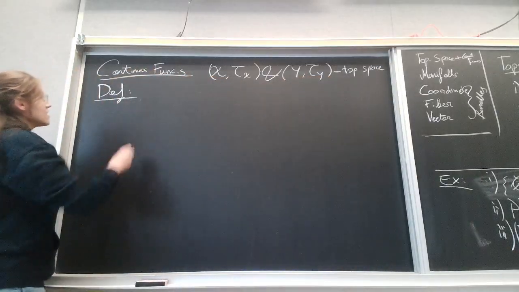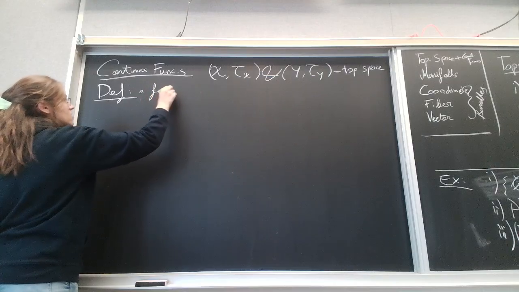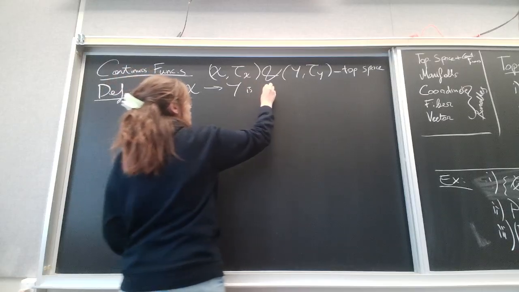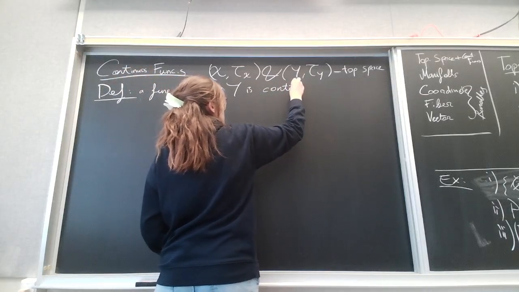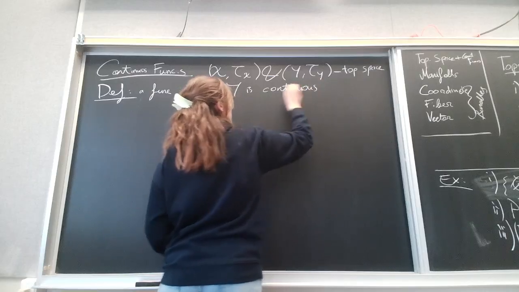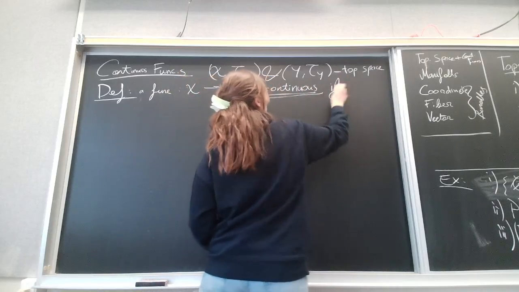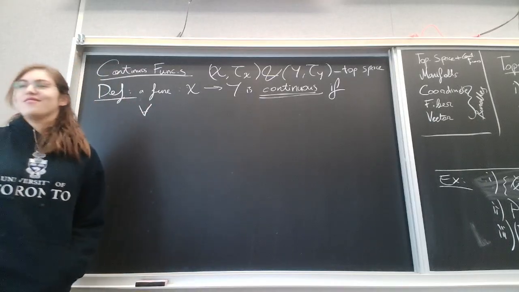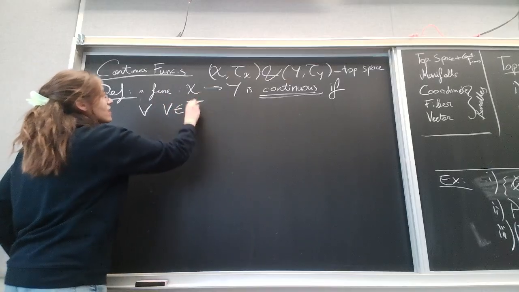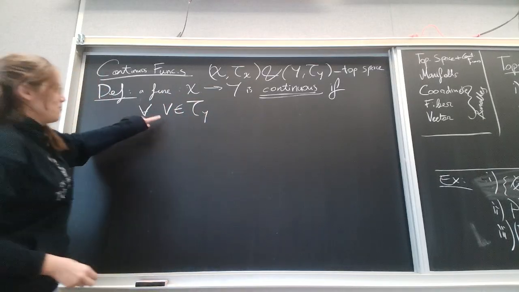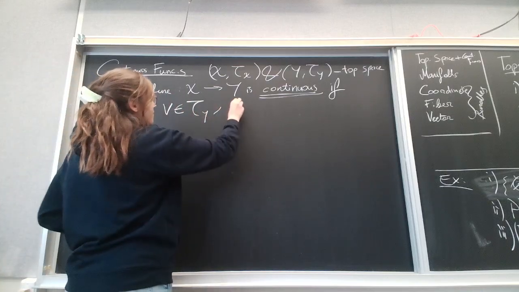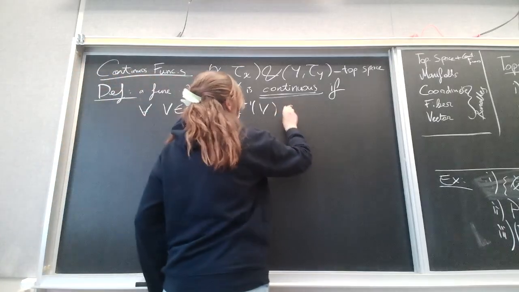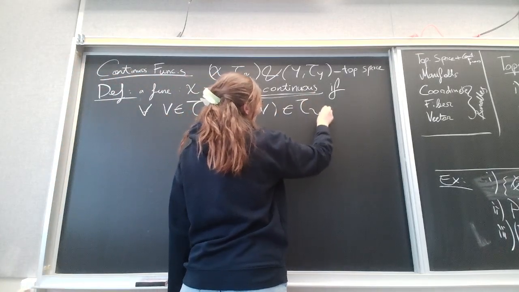Then a function f from X to Y is called continuous if for every open set V in Y, which means V is in the topology of Y, the pre-image of V with respect to f is in the topology of X.